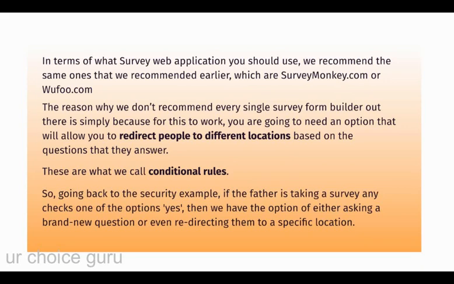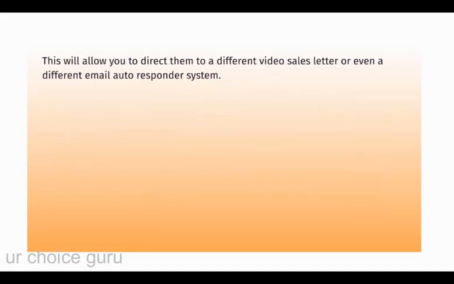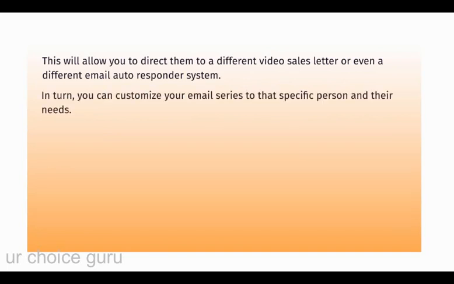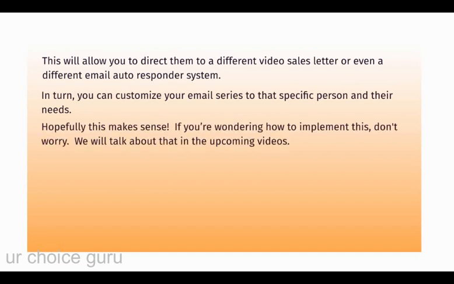So going back to the security example, if the father is taking the survey and checks that, yes, we want to redirect them to a specific location, this will allow you to direct them to a different video sales letter or even a different email autoresponder system. So in turn, you can customize the experience that they have, your email series, to that specific person and their needs. So hopefully this makes sense.